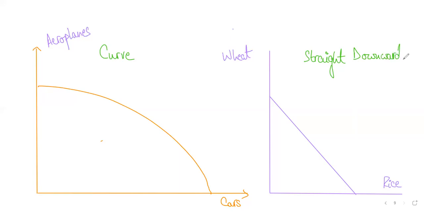If the PPC looks like this, it means that the two products we have shown on the graph, like aeroplanes and cars, are not using similar resources, and therefore we can say that resources are immobile, which means that you can't cut resources from cars and use all of those resources neatly for aeroplanes. Are you getting what I'm trying to say?